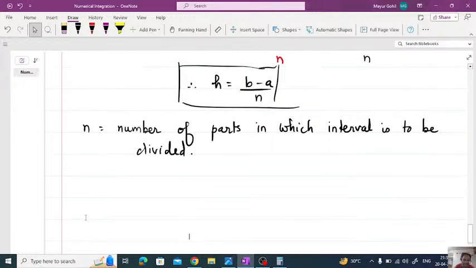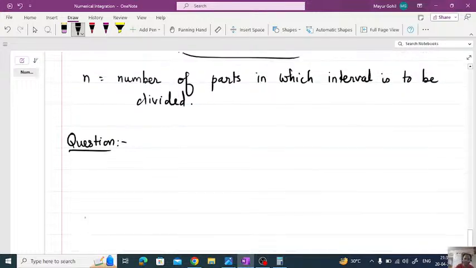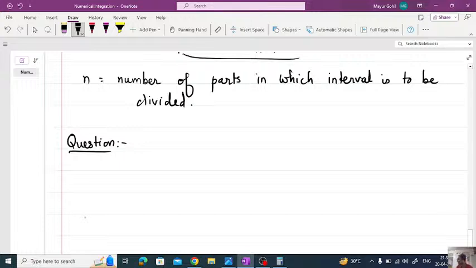Now let us take up a question. I hope this is clear. Is this clear to all of you? Please say thumbs up or something in your chat so that I understand if you have understood. चैट में लिख दीजिए.